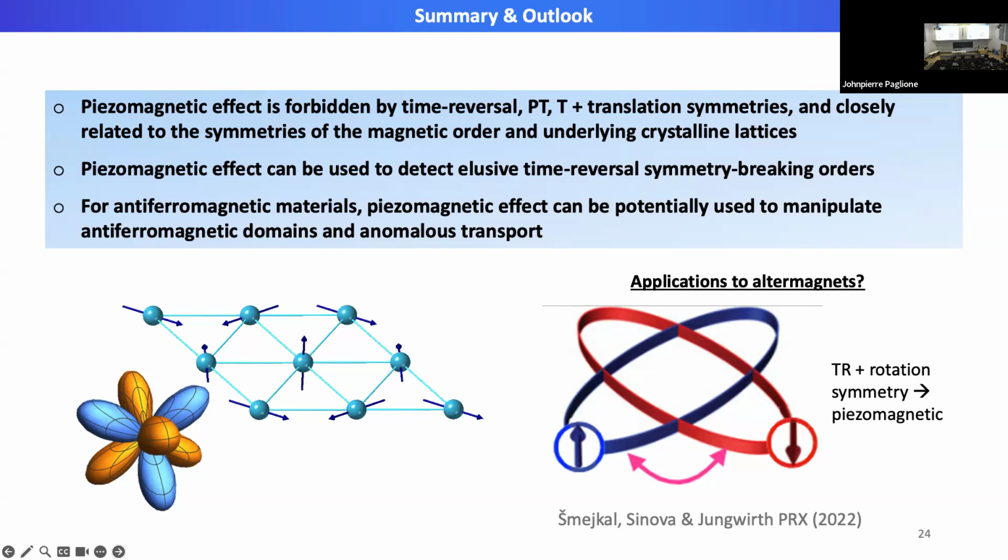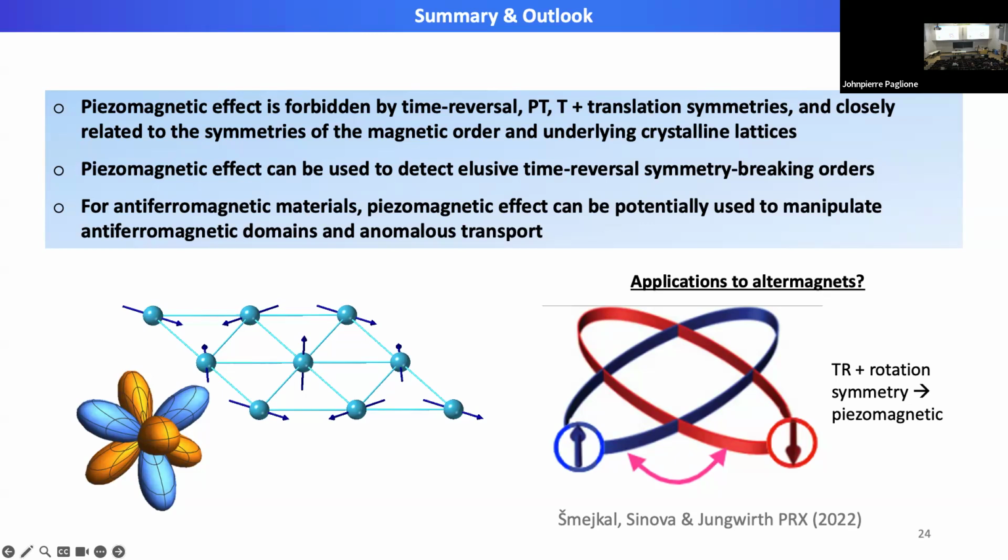Yes. So I mean, you talked about non-collinear antiferromagnets, so there is no chance for ferromagnets to convert to piezomagnetics. Right, so I think in some sense the piezomagnetic coupling is allowed for ferromagnets.